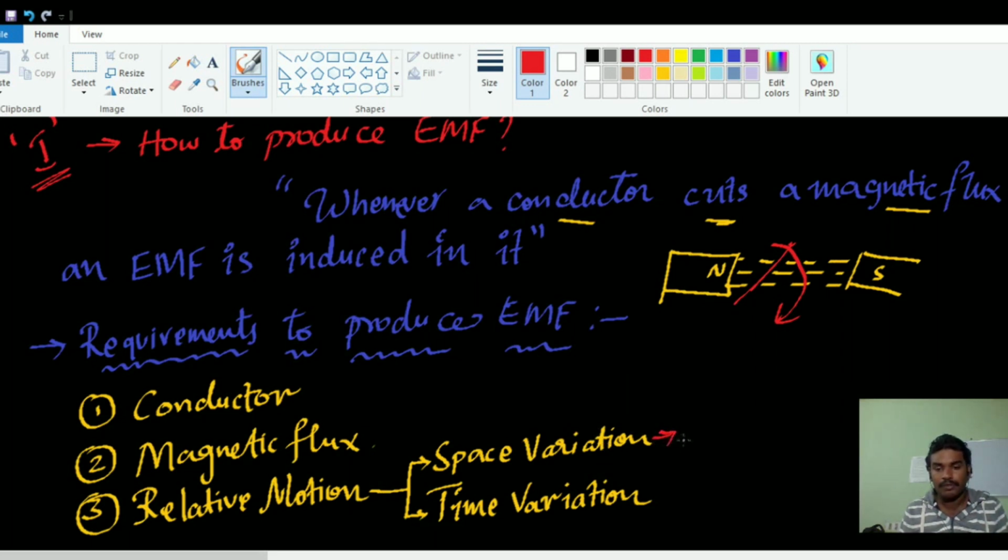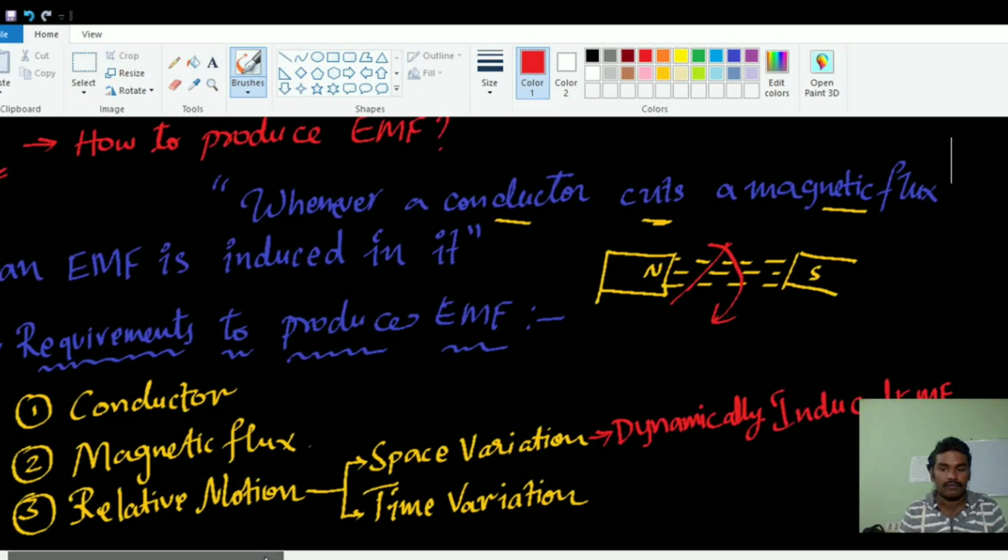The EMF produced due to space variation is called dynamically induced EMF. It is called dynamically induced because there is some motion associated.